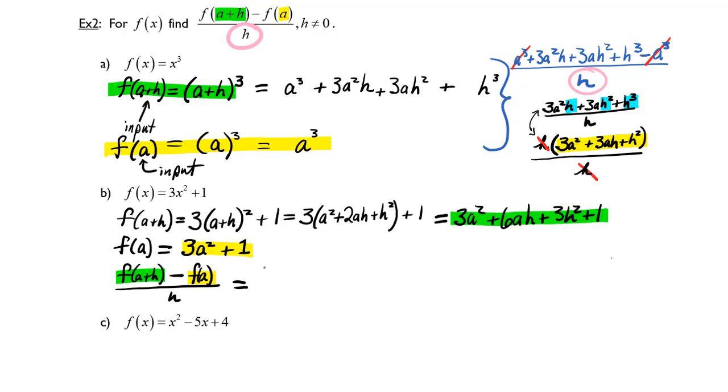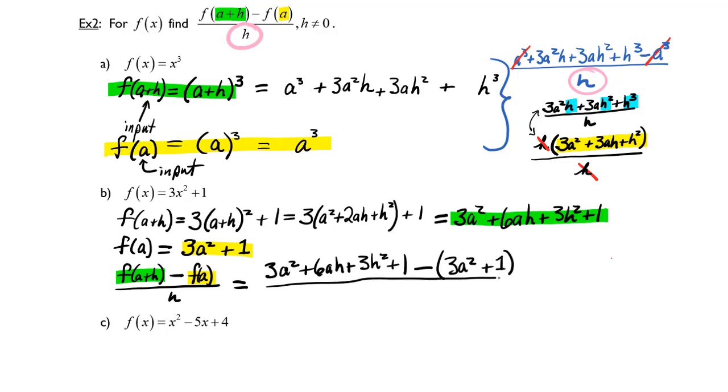This will give me 3a squared plus 6ah plus 3h squared plus 1 minus the quantity, because if you subtract something it's going to change all the signs, 3a squared plus 1, all over h.